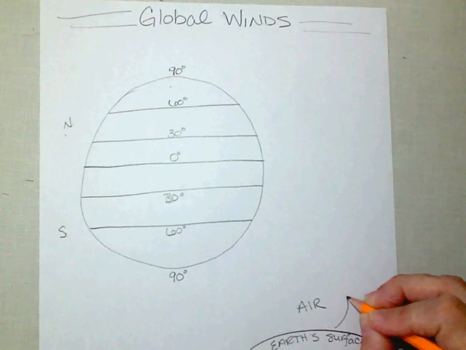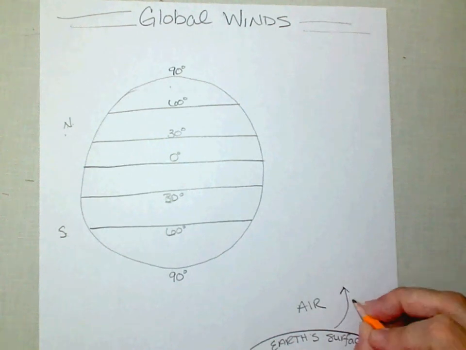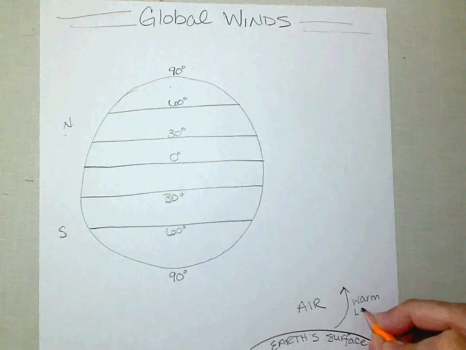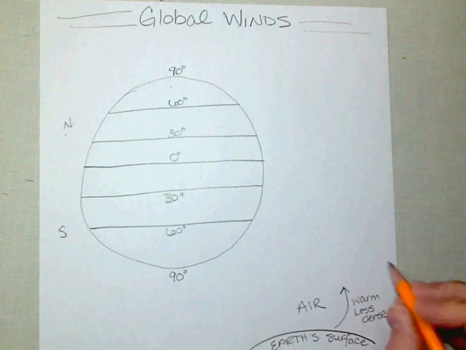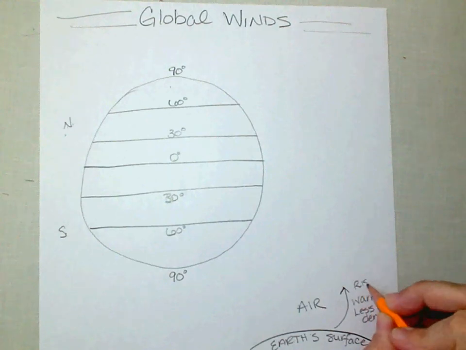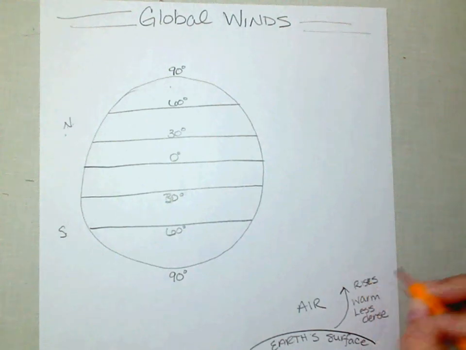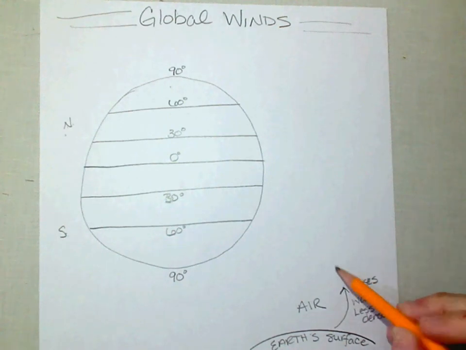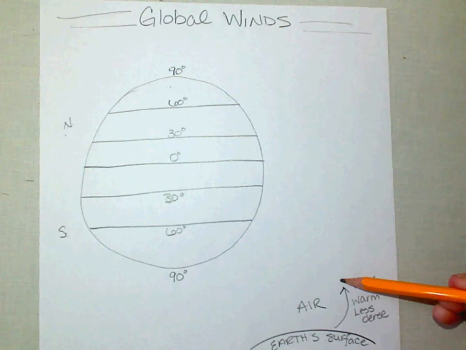So warm air is less dense and it rises. Okay? Warm air, less dense, it rises. Well, now it's up here at the higher altitude.